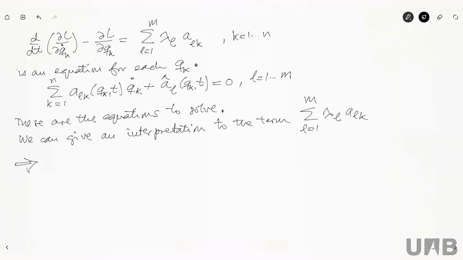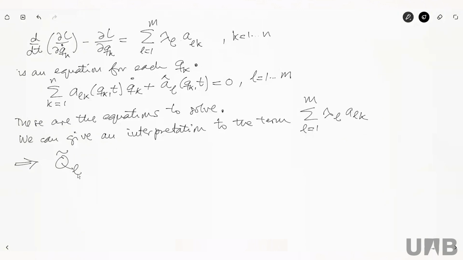Who can tell me what kind of interpretation we can give to a term sitting on the right-hand side of the Lagrange equations? Generalized forces that do not depend on a potential. Absolutely, very good. Generalized forces.